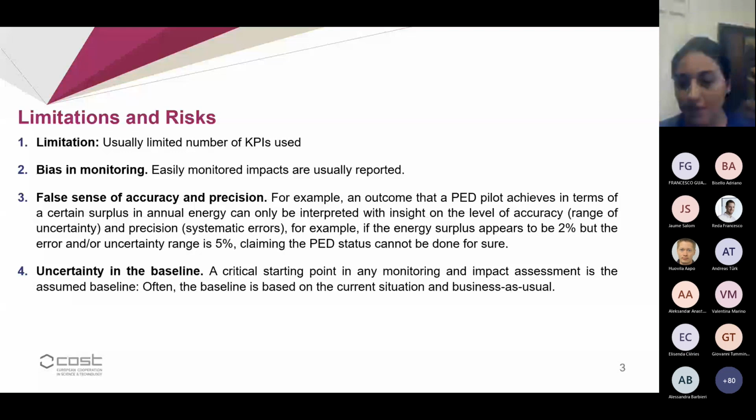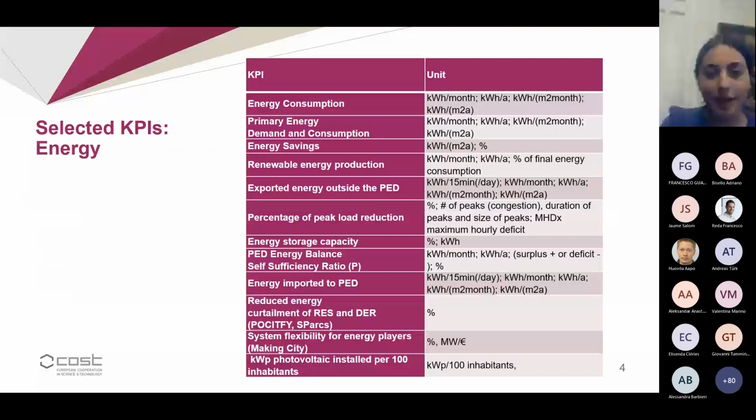What we have seen is that there were some KPIs which are similar to all of these 6 lighthouse projects that we have selected, like the KPIs for energy, such as energy consumption and primary energy saving. All these 15 KPIs were similar to all 6 lighthouse cities that we have evaluated.